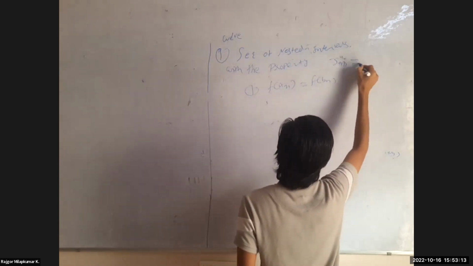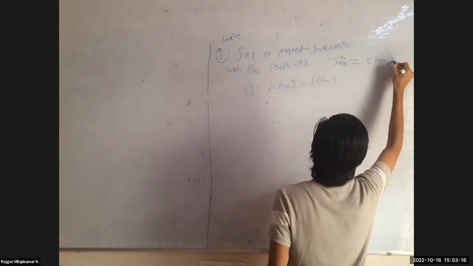I will call this sequence Jn. So these are Jn, An, Bn.